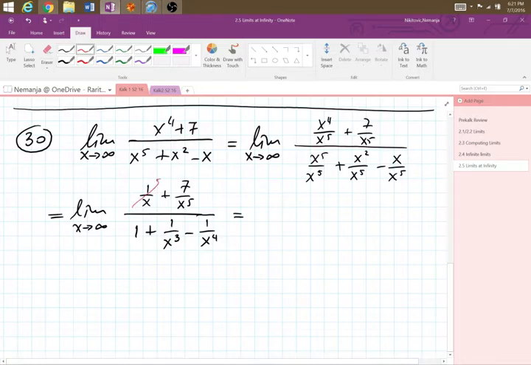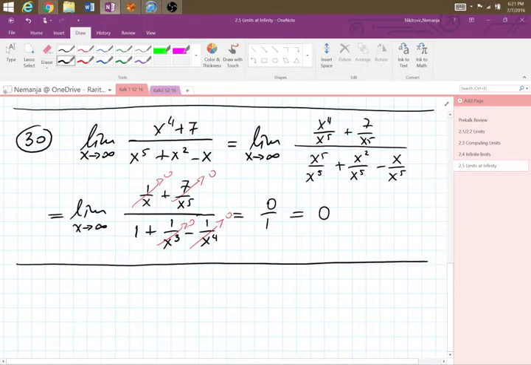So all of these go to 0. And what I'm left with is the limit of 0 over 1, as x goes to infinity, just 0 over 1, which is 0. And that's it. Problem solved.